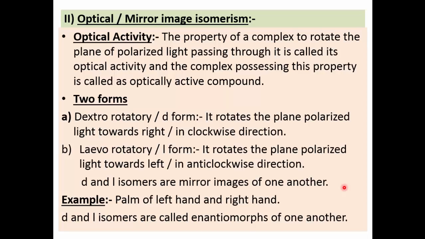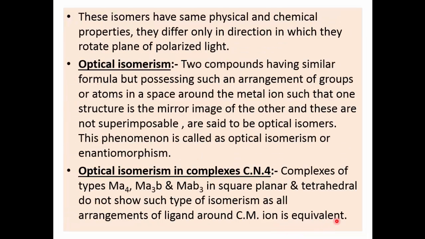This is very important. For example, the palm of our left hand and right hand. We know that these are mirror images of each other, and hence these D and L isomers are also called enantiomorphs of one another.